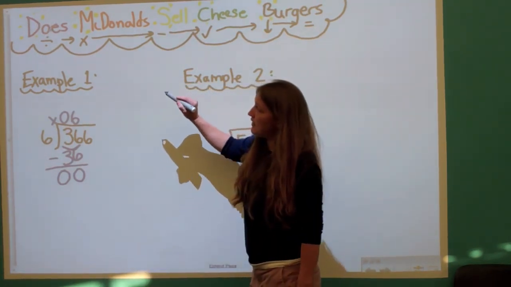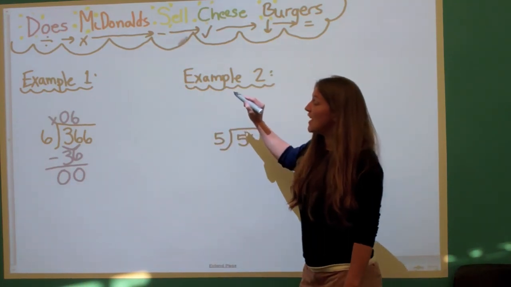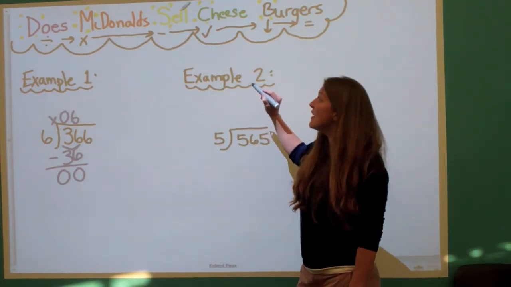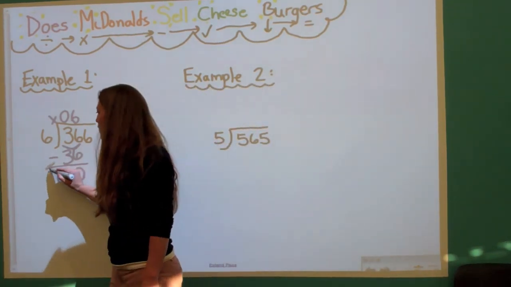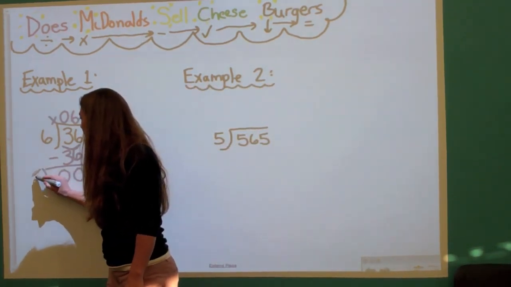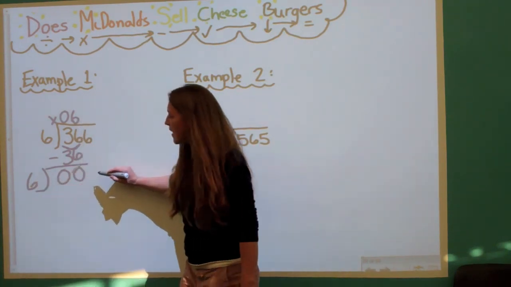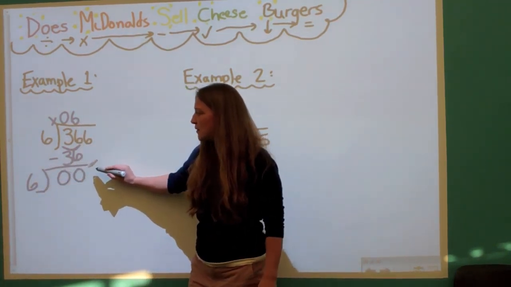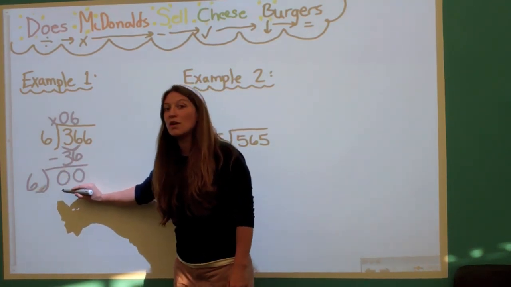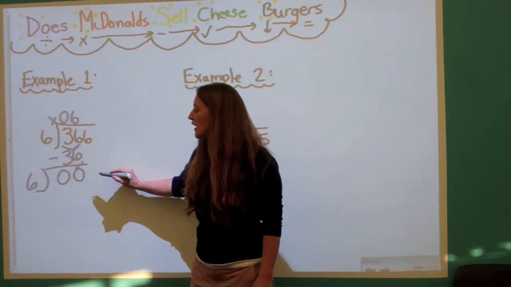Now, I've done my division, I did my multiplication, I did my subtraction. Now, I have to check. Well, before I check, I have to create a new division problem. And I do that just by making my equal sign into that division symbol that we're going to be seeing a lot more now as 4th graders.